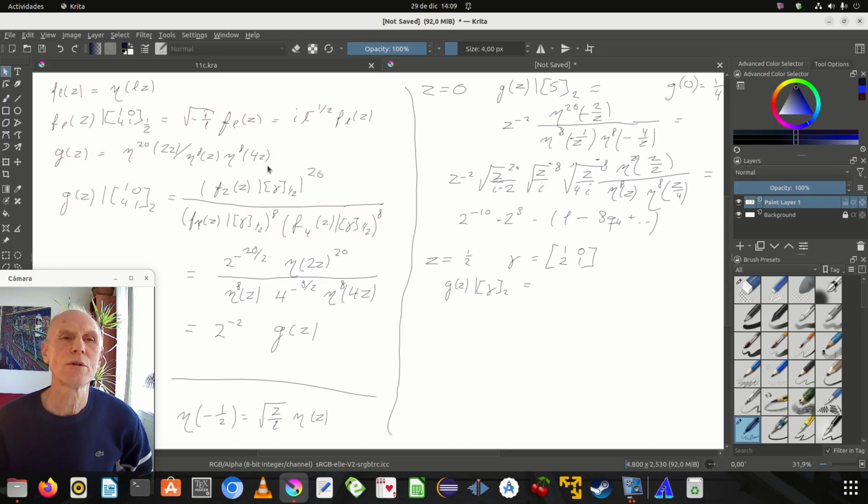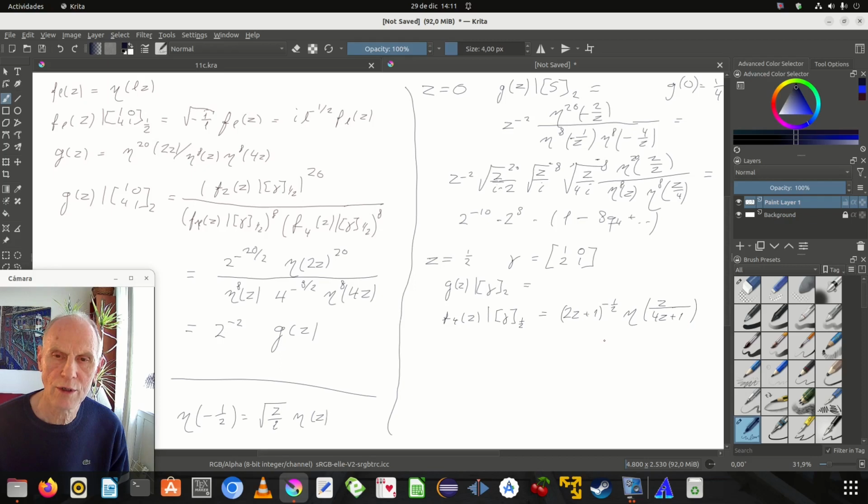Oh, so the transformation formula here is much more simple. So maybe we can just go ahead and do it. And we use the transformation formula. Now, where did the 2Z come from? It should be 2Z down here.